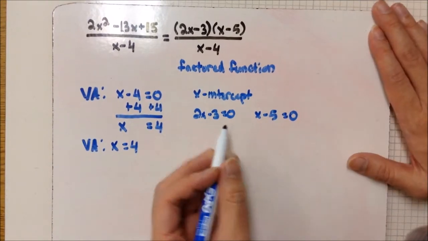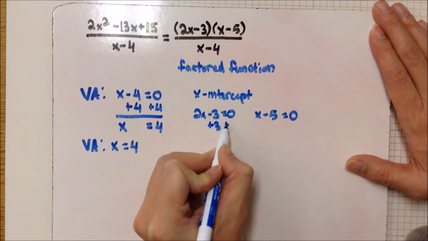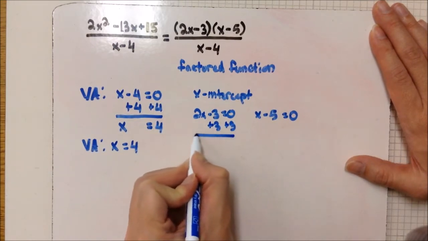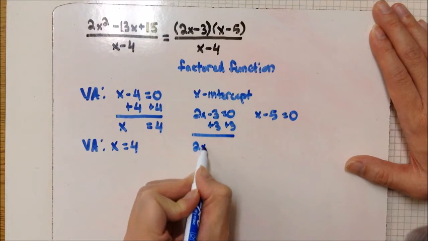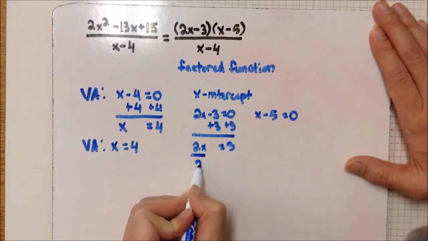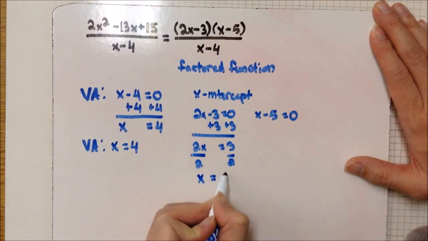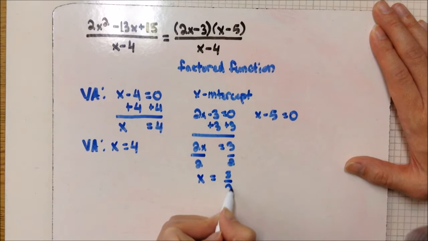Alright, so this one, I want to get rid of 3, so I'm going to add 3 to both sides. 2x equal 3, and then divide by 2. So x equals 3/2.